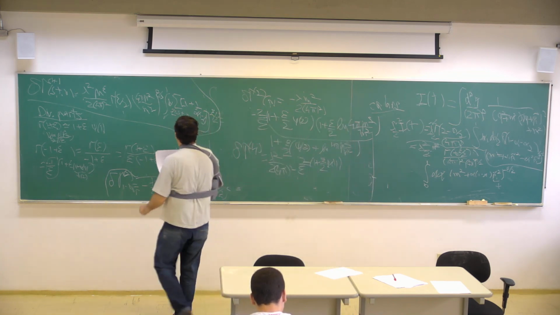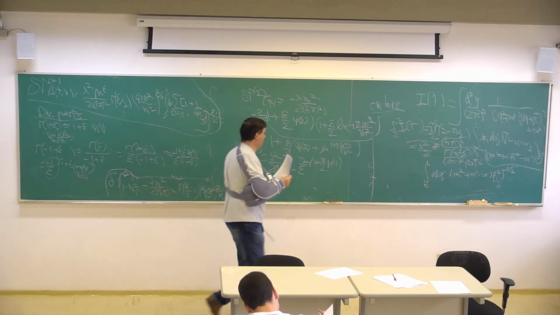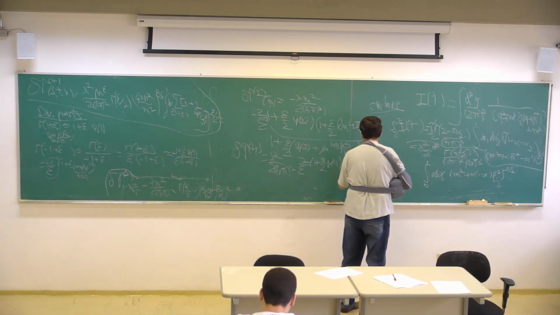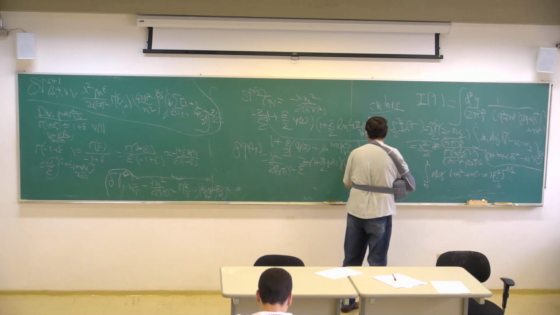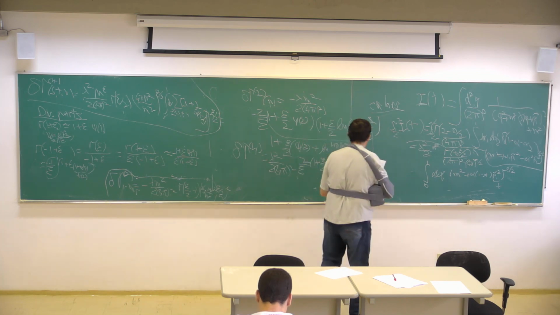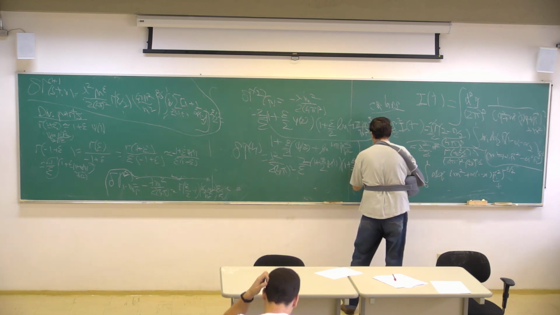And then the same expansion term here. So 1 plus epsilon over 2 log 4 pi mu squared over m squared.